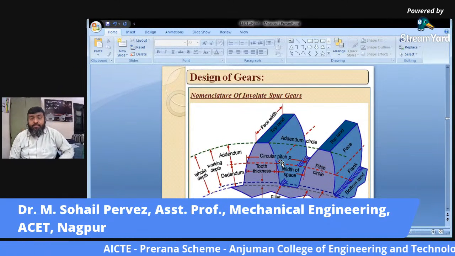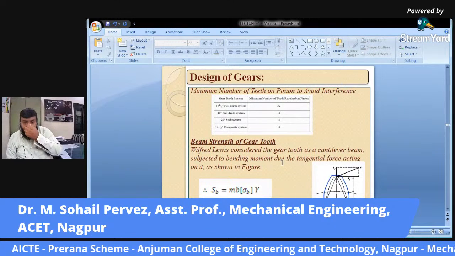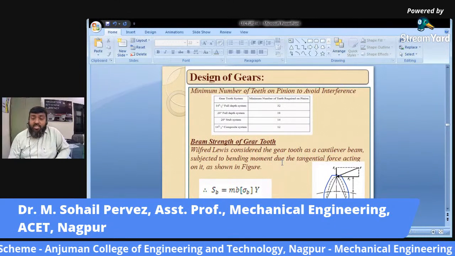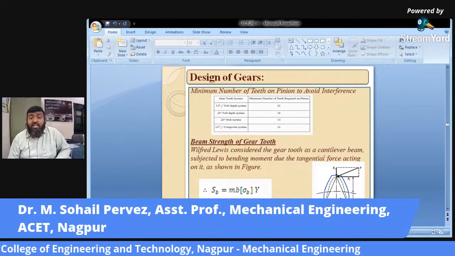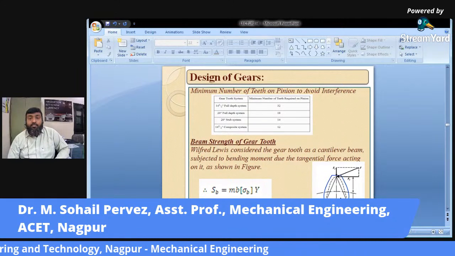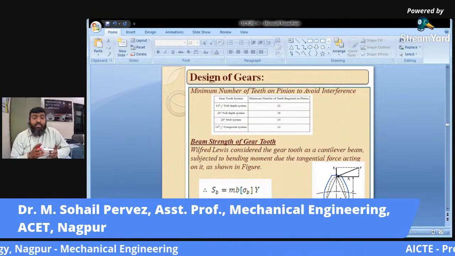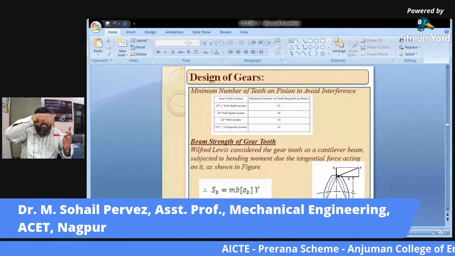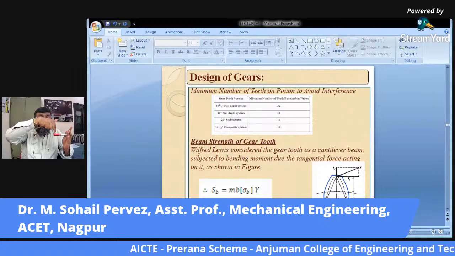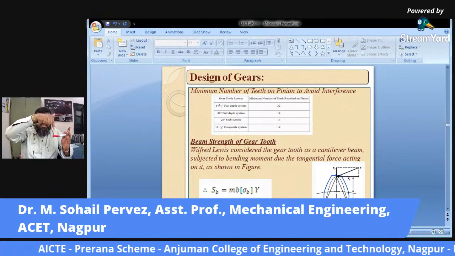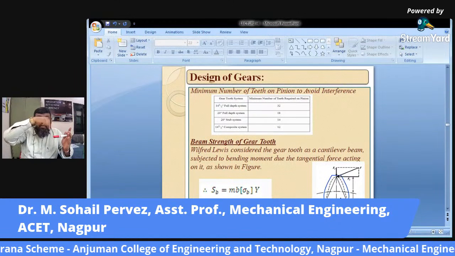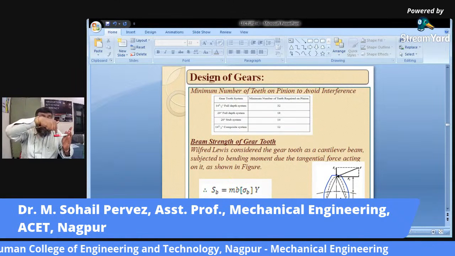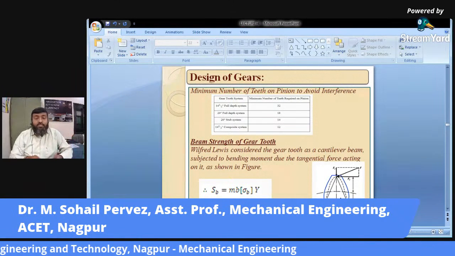So Mr. Wilfred Lewis has considered the gear tooth as a simple cantilever beam. Now, from this point, Ft, the tangential thrust, will be applied.